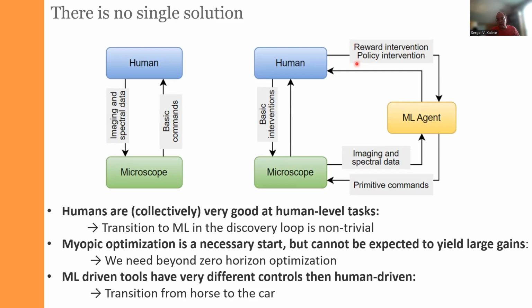We rely on human intelligence to choose the direction. If we drive the Lamborghini, it's the same thing. We have an engine that helps us drive, but the principles are exactly the same. For the ML agent, the situation is different. We are really going to a completely new environment.